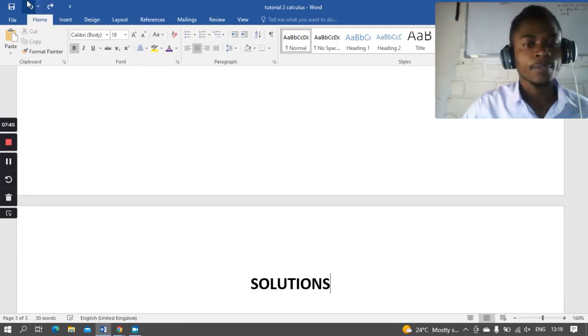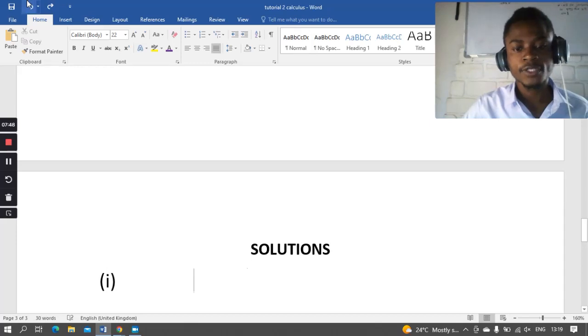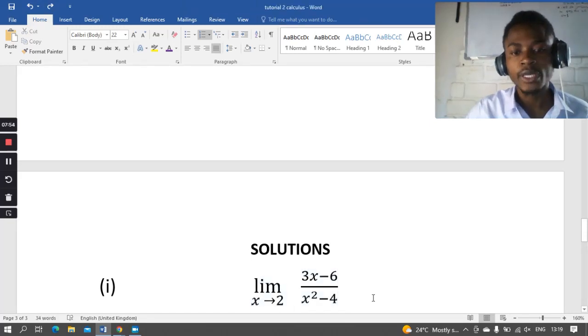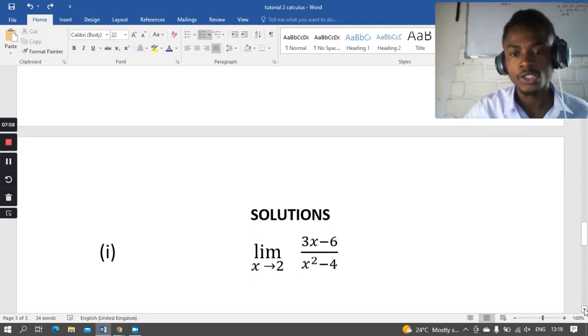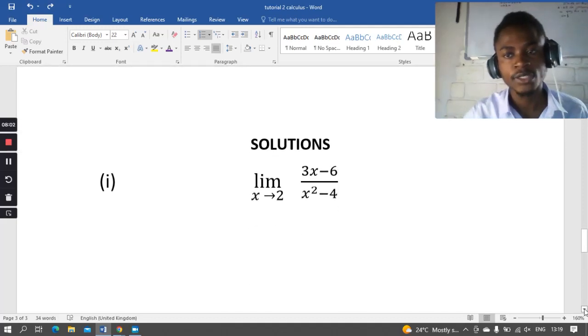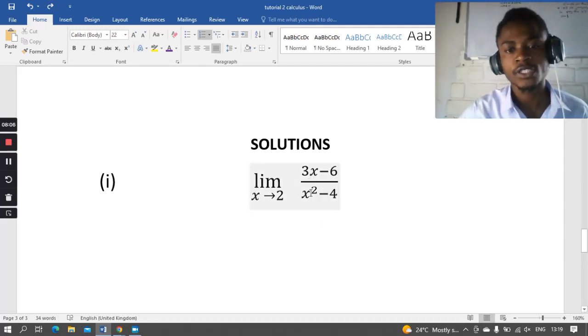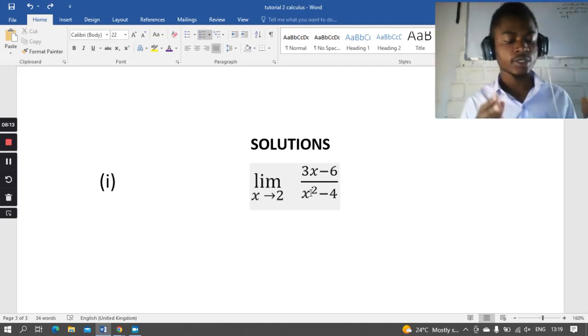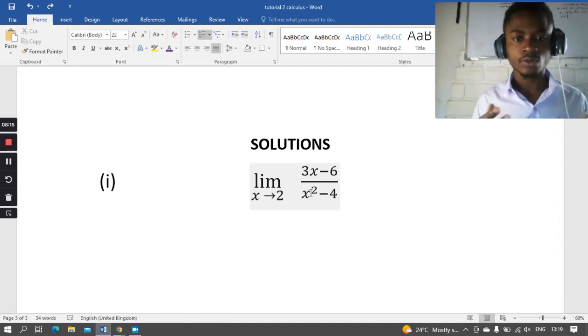So I'll start with the first question, which is limit as x approaches 2. That means that we are approaching this expression or function from the left and right side of 2.